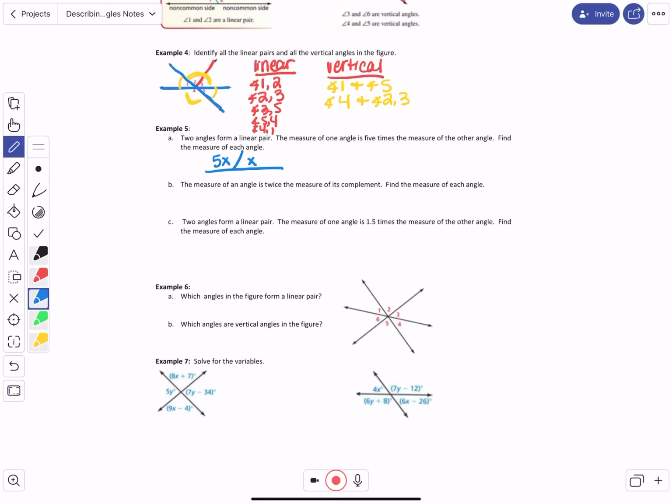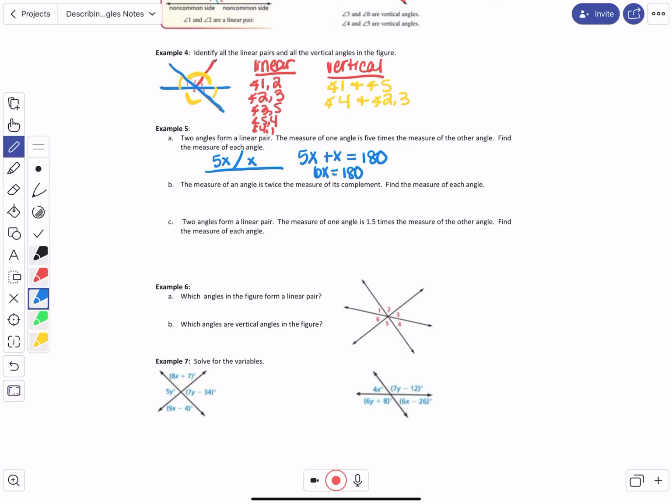So we know that we have 5x plus x is going to be 180 degrees. So now we have 6x equals 180.